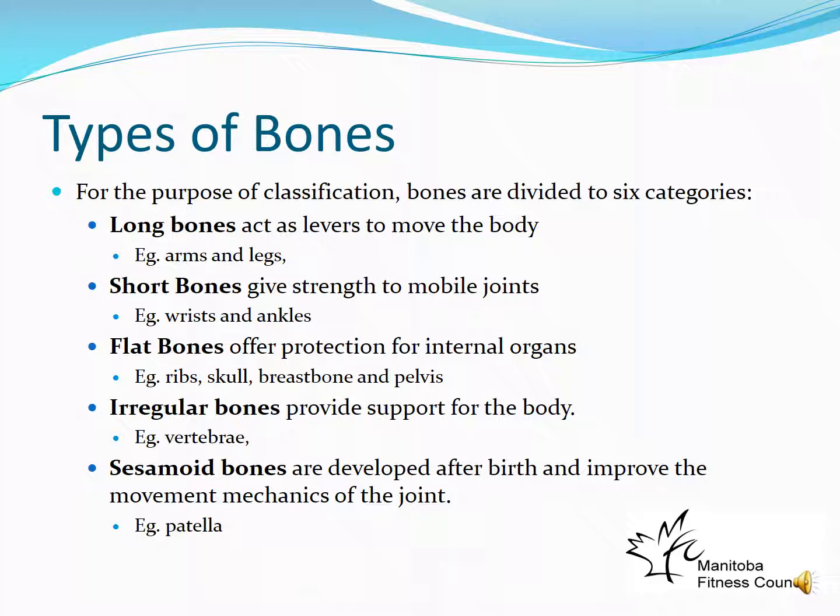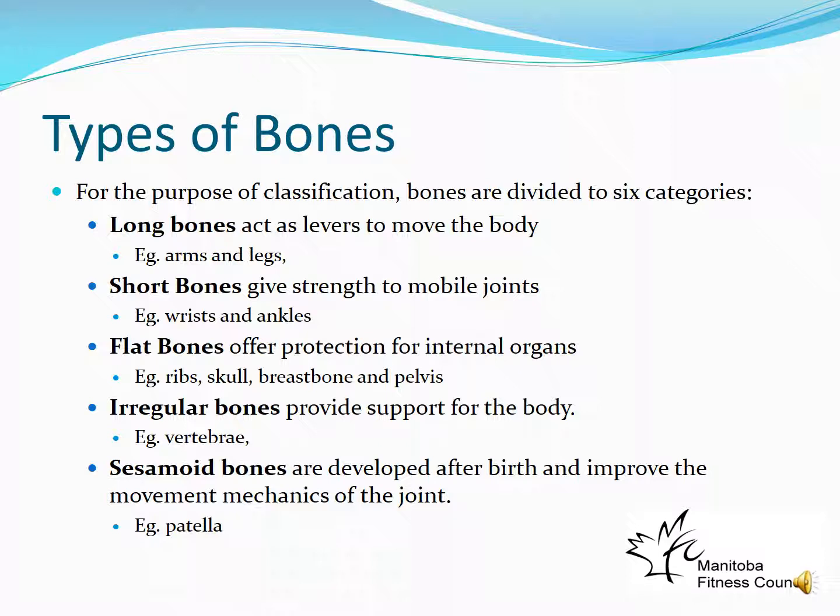The next thing we like to classify bones by is their shape. Okay, so their shape and what they do. So the first division we have are our long bones. Our long bones, the easiest example to think of are our arms and our legs. So in our upper extremity, our humerus would be a long bone, our ulna would be a long bone, and our radius would be a long bone.